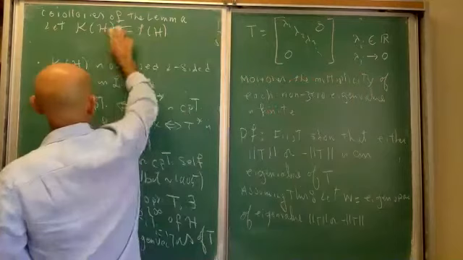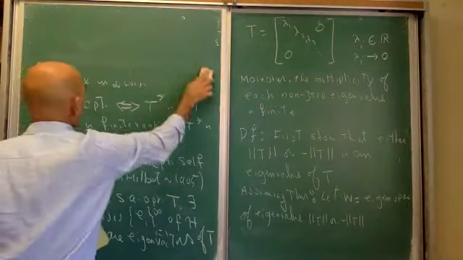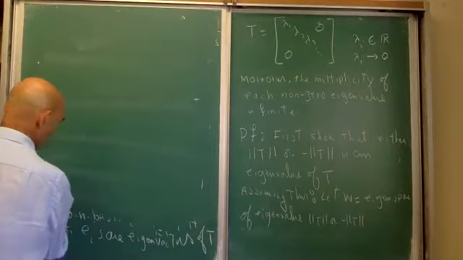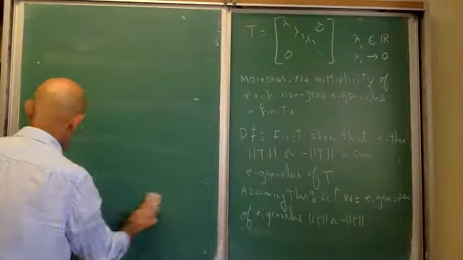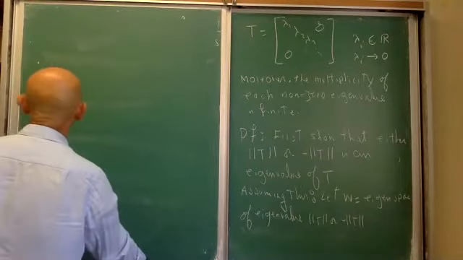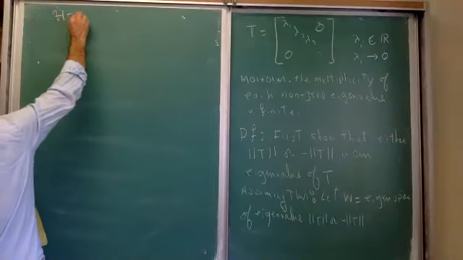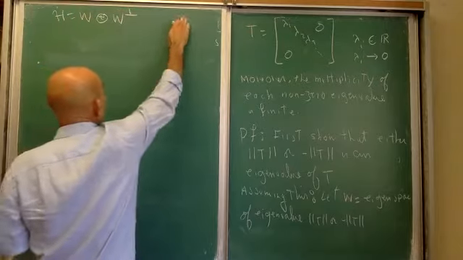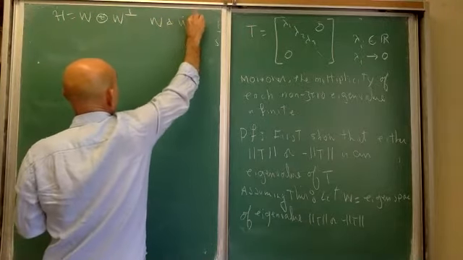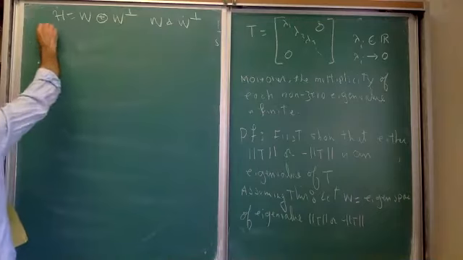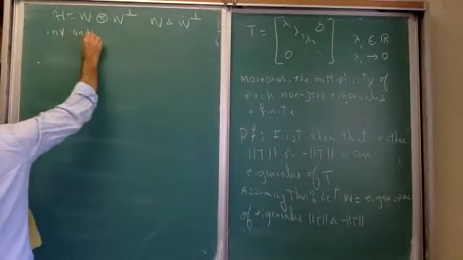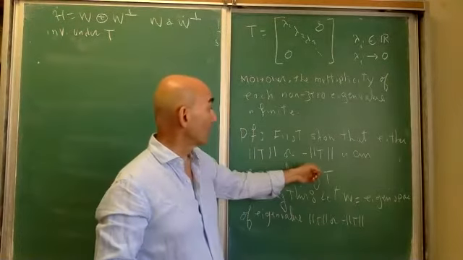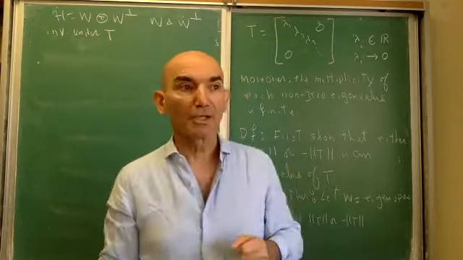So you can write A is equal to W direct sum W perp, and W and W perp, orthogonal things, are invariant under T. Now, this norm of T or minus norm of T, they are not just any other eigenvalues.